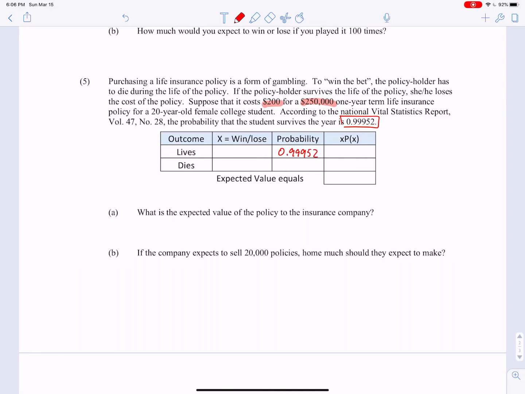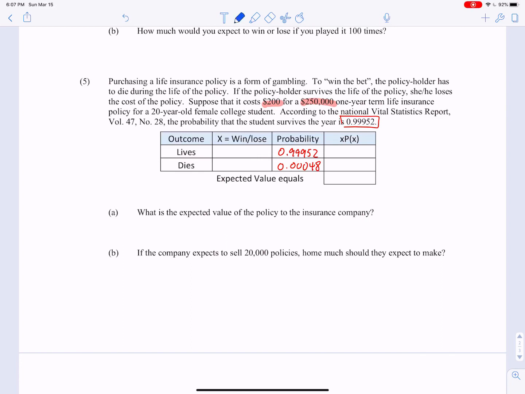And if the probability that she lives is 0.99952, then the probability that she dies must be the complement. 1 minus 0.99952 is 0.00048. Okay, so those are the two probabilities, living and dying.